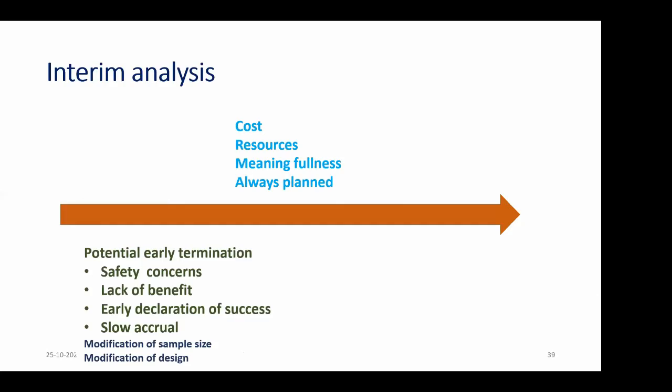Most of the time, interim analysis results in early termination of the study because of safety concerns, lack of benefit, or slow patient accrual rates. The other scenario is that there might be early declaration of success. You are finding a sufficiently good difference between the intervention arm and the control arm. And in some situations, in spite of interim analysis, the study would continue with the same plan, or in some scenarios it might lead to modification of the sample size or modification of the design.